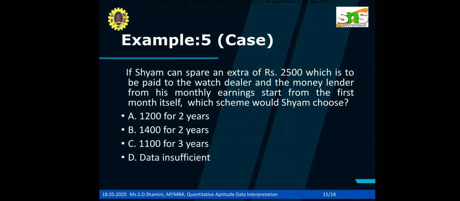So in addition, he needs to pay an extra amount of rupees 1,100 to the money lender. So the total amount will be 2,141.66 per month. So இதில் நியரஸ்ட் அமௌண்ட் பார்த்தீங்கன்னா 1,100 rupees ஒரு எக்ஸ்ட்ரா பே பண்ணிகிட்டே இருக்கணும். அதனால் we have to go with option C. So C is the correct option.